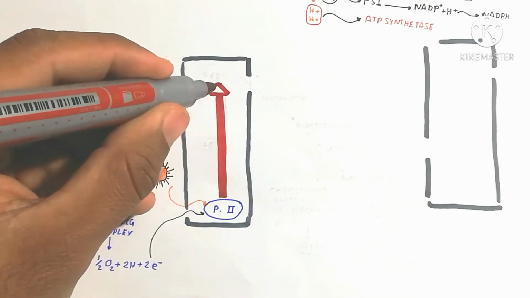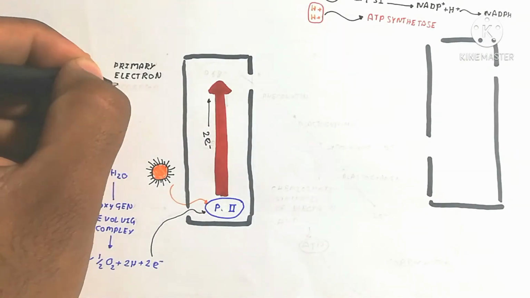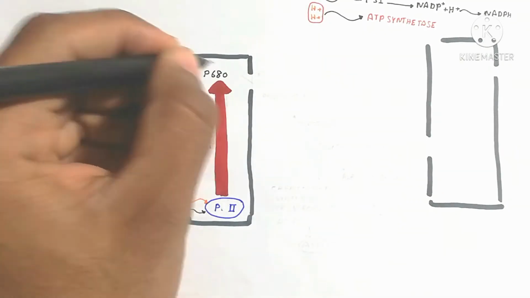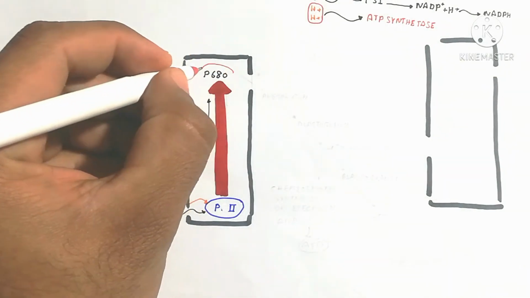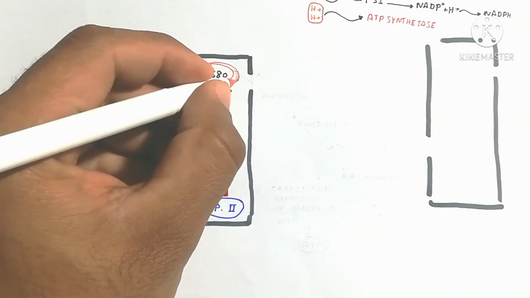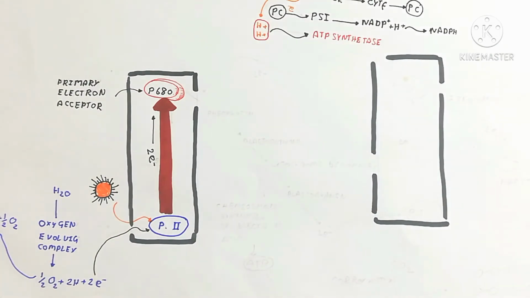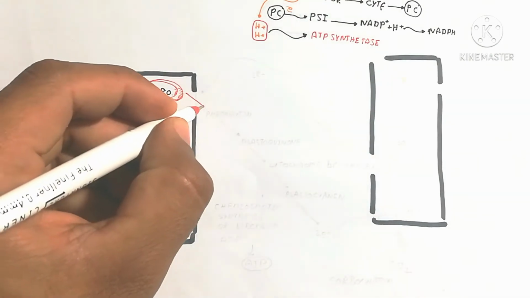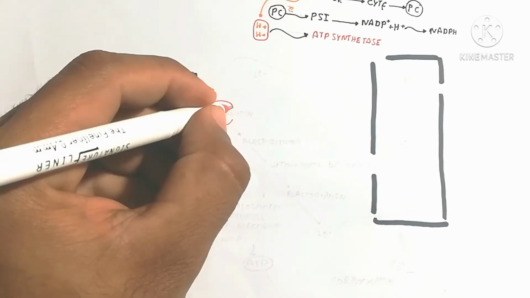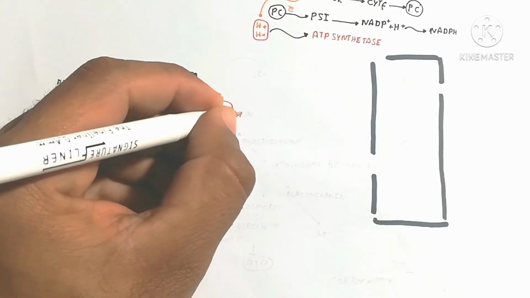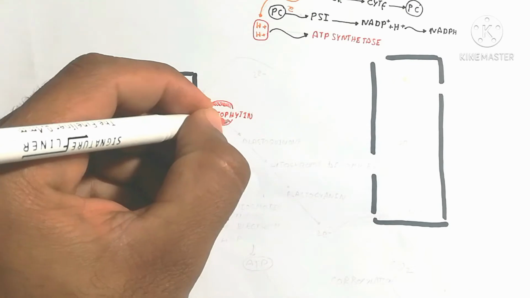So here is the primary electron acceptor, which accepts the electron, and this electron is further passed into the thylakoid membrane, which contains pheophytin.